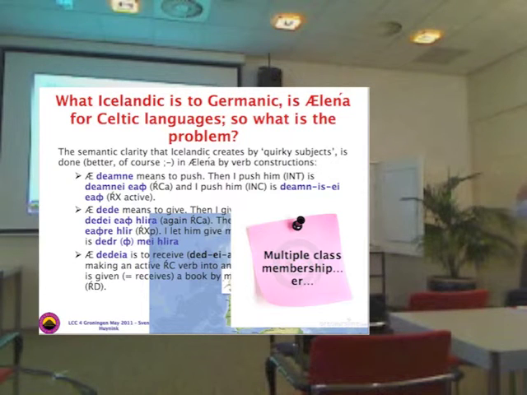So I thought I could get away with that, and here are some examples in my language. If denne means to push, then I push him is denne with I, and I push him, that's RCA, and I push him is then I say, etc. I won't bother you with my language.